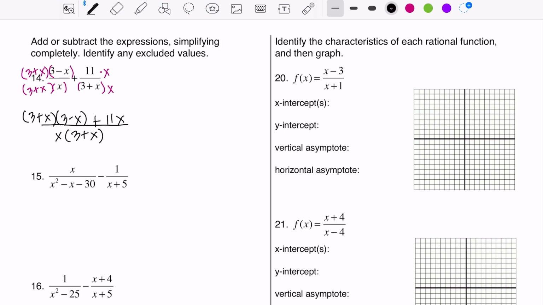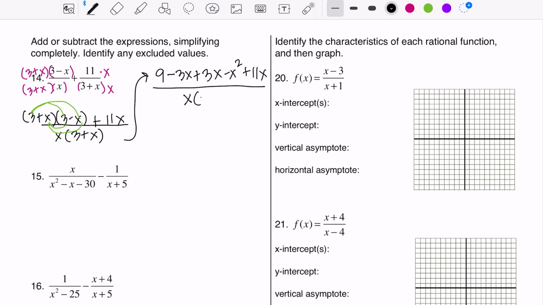And then in the numerator, we just copy what is written. And then we're going to rainbow that 3 plus x and the 3 minus x so that we can combine like terms. So with that, I get 9 minus 3x plus 3x minus x squared plus 11x.